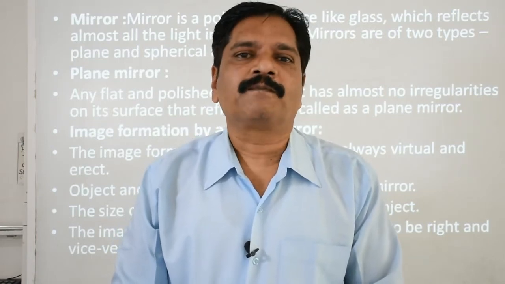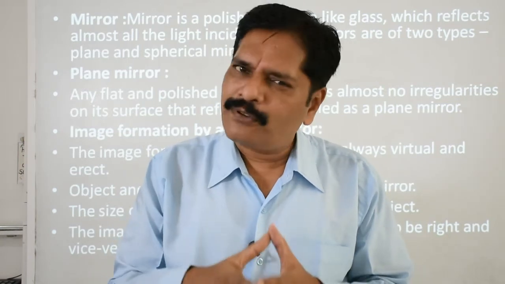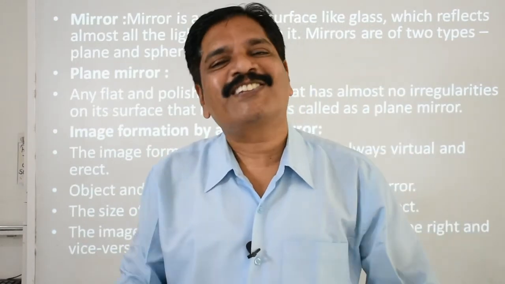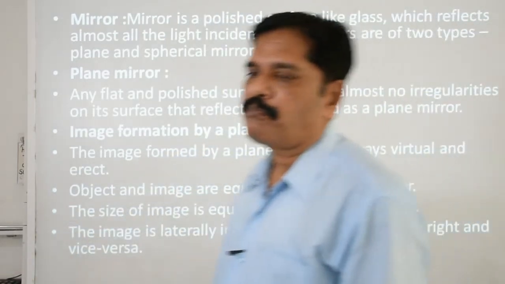Remember this feature. Okay, it is very common. If you show someone your hand, okay, as if you have something here, then surely that person will scratch his or her left side. Okay, so this is the lateral inversion, that is the common feature of the image formed by the plane mirror.